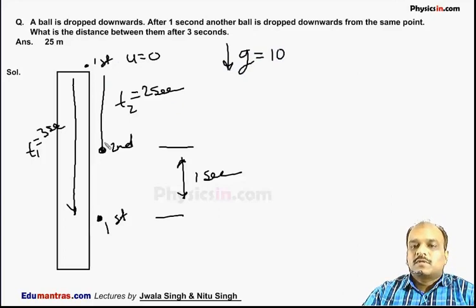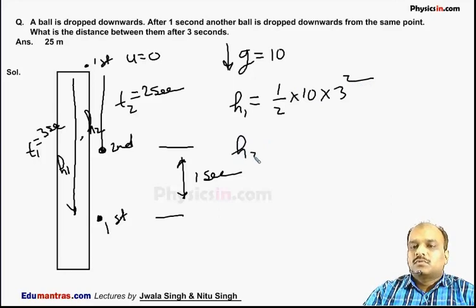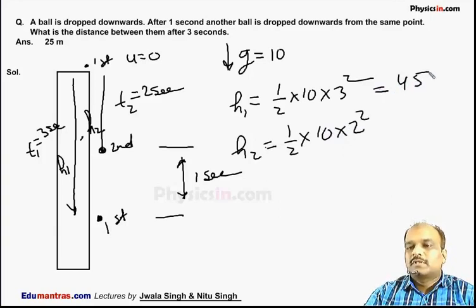Since the displacement of these two balls is also downward, let the first ball be at distance h1 from the top and the second ball at distance h2 from the top. So h1 is half into g, which means 10, into 3 square, whereas h2 is half into 10 into 2 square. Solving it, it comes out to be 45 meter and 20 meter.